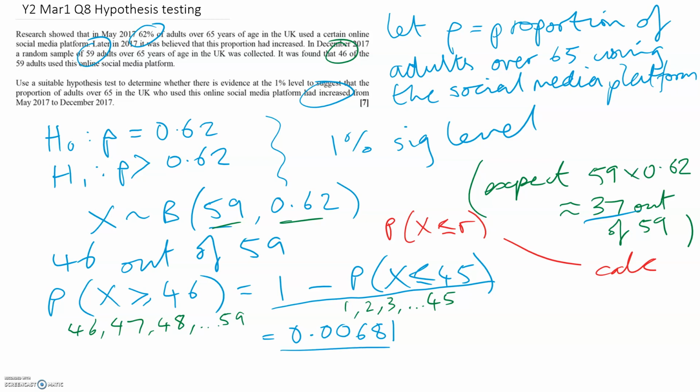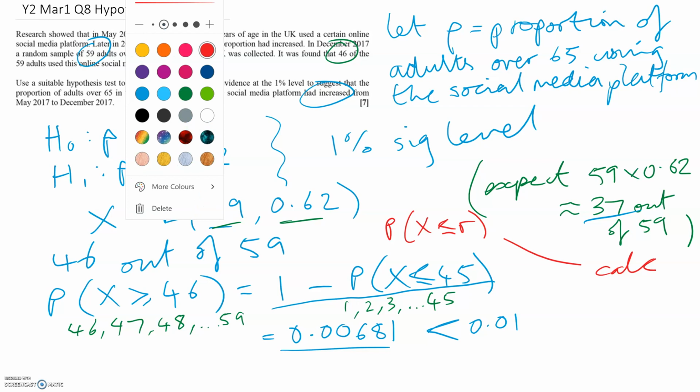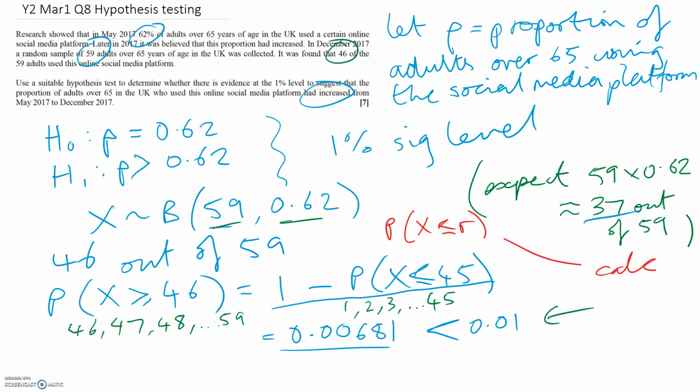So this is the probability of greater than or equal to 46 successes out of 59. Now that is less than 0.01, which is our significance level. So this 0.01 comes from our 1% significance level, and so this is less than our significance level.